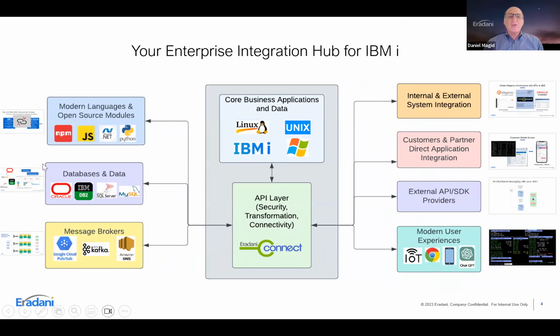Now, all of those integrations share many common characteristics, and that is if they're going to talk to your IBMI or you're going to talk to them from your IBMI, you need to be able to do a secure handshake. So you need to be able to make sure that you can do the connection securely and talk securely across those environments. And you need to be able to transform the data from the way the IBMI deals with data versus how the open source world works with data.